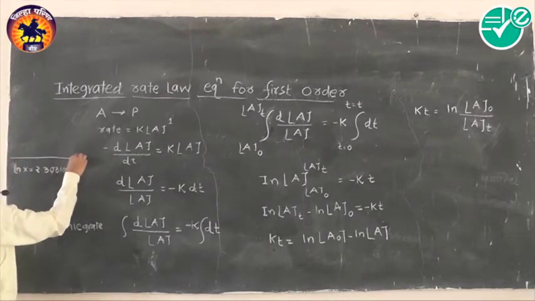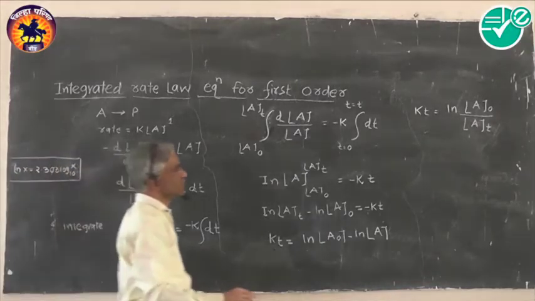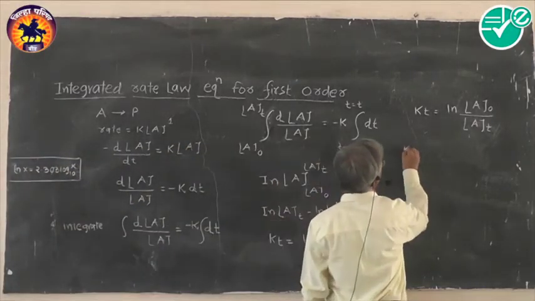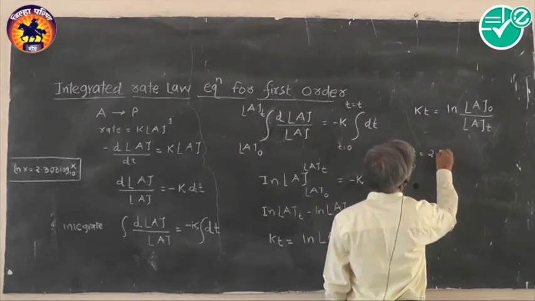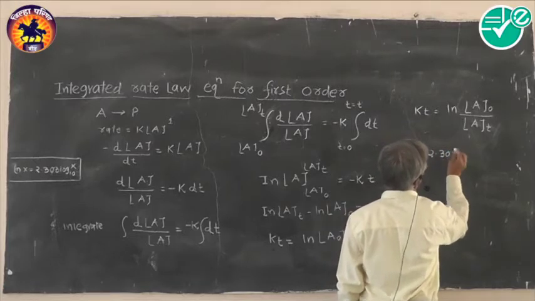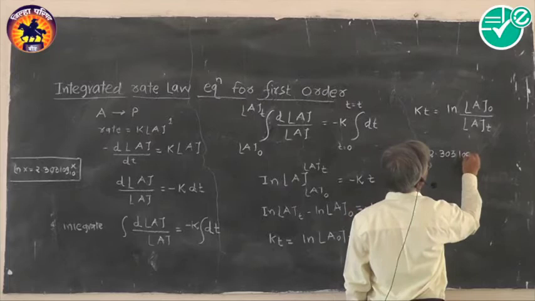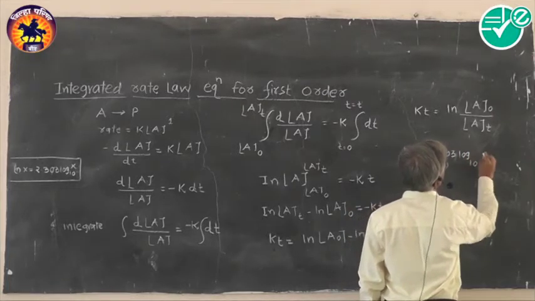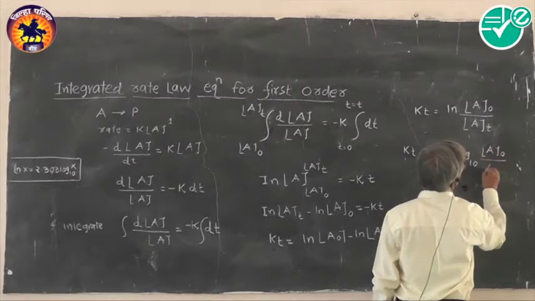This is in mathematics, so we know it, and therefore we will convert those values there. Therefore kt will be equal to 2.303 log to the base 10 of A0 upon At.